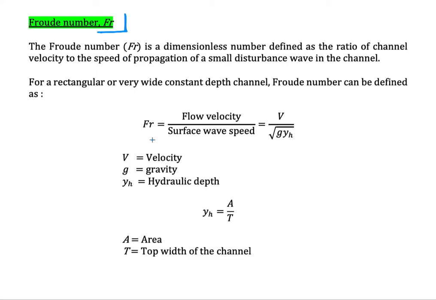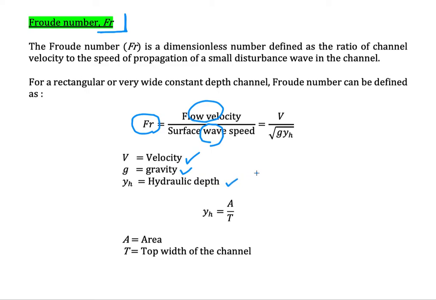The Froude number, the symbol is Fr, and it is the flow velocity divided by surface wave speed. So the equation will become V over square root of g Y_H, where V is the velocity, g is the gravity, and Y_H is the hydraulic depth.